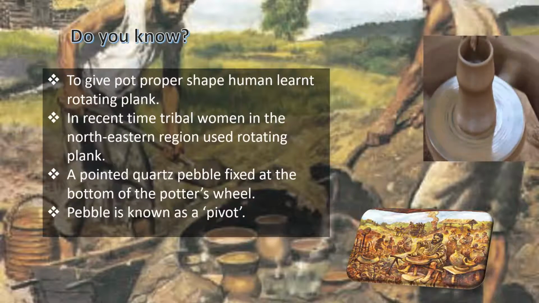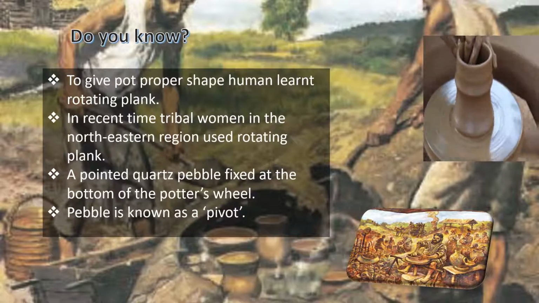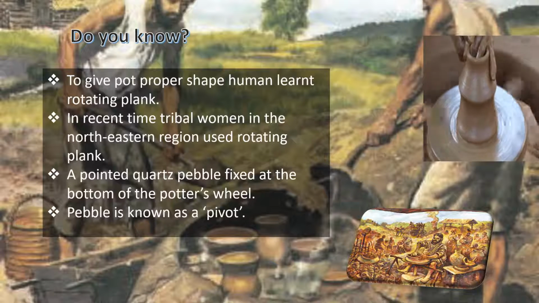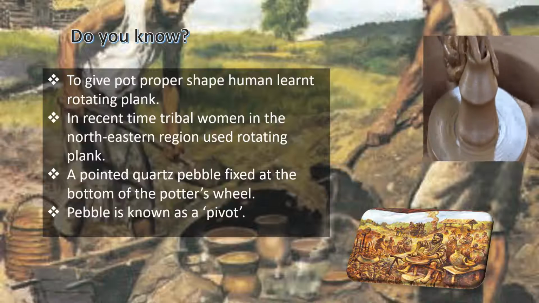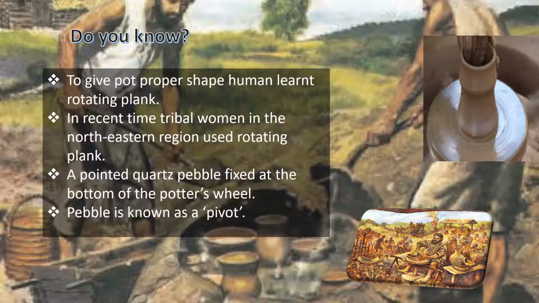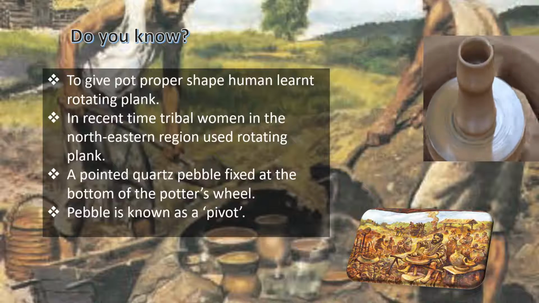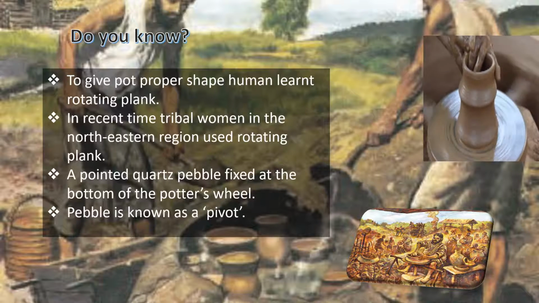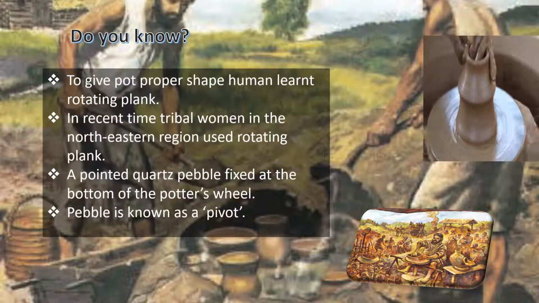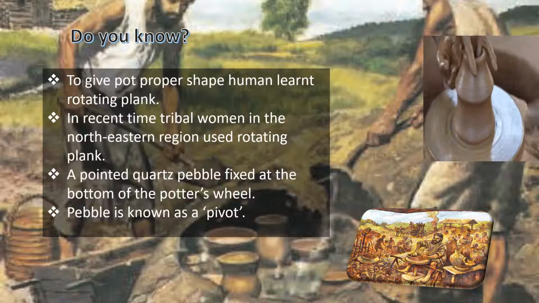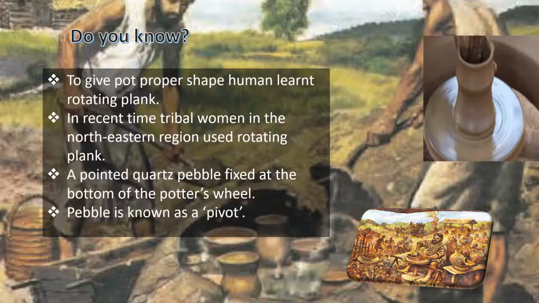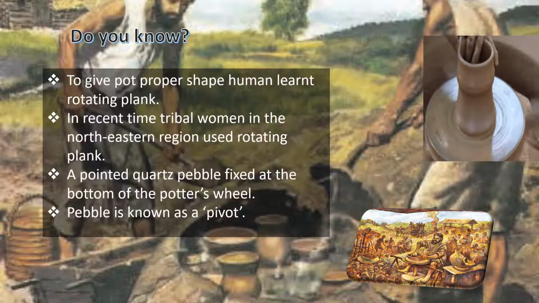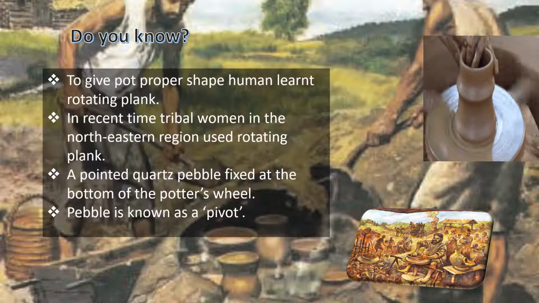Do you know, student, to make it easy to turn the pot while shaping it, a rotating plank was probably used at first. The pot was shaped with one hand, as you can see in the picture, while the other was used to turn the plank. It is possible that the potter's wheel originated in the efforts to modify the rotating plank.